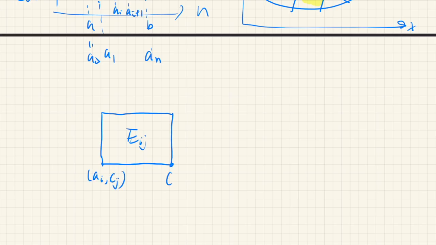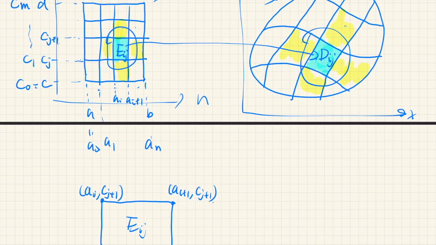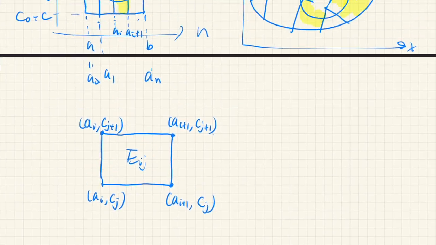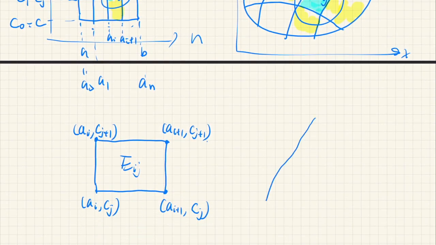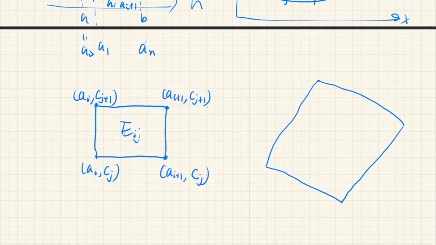This coordinate is AI plus 1 and CJ, this coordinate is AI and CJ plus 1, and this coordinate is AI plus 1 and CJ plus 1. The corresponding region DIJ looks something like this, and it is of course closed and bounded.